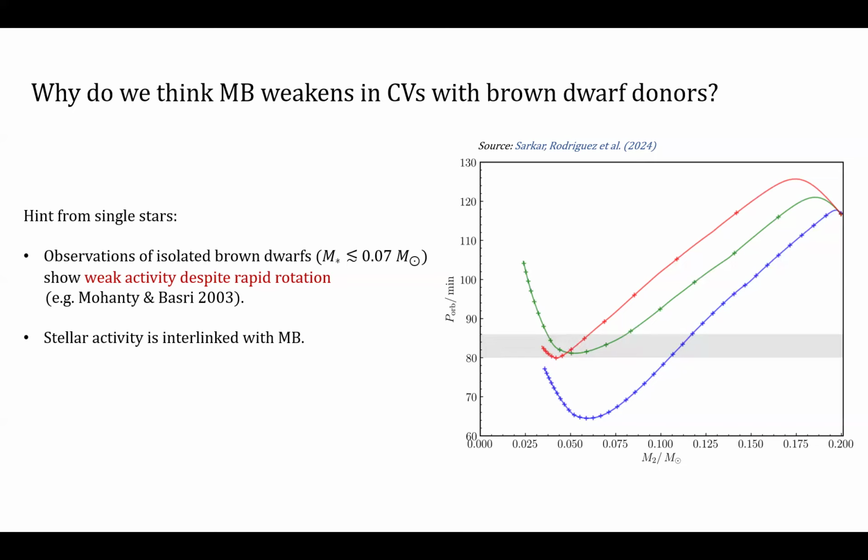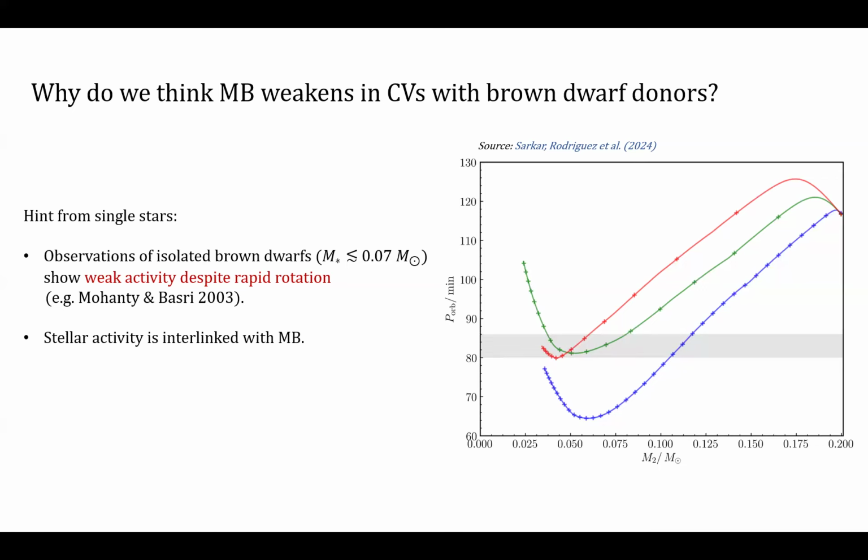What's the explanation for the 2 to 3 hour period gap in your knowledge? Okay, that's another question. So the period gap is at 0.25 to 0.3 solar masses, and more massive stars have a convective envelope and a radiative core, and lower mass stars are fully convective. So we say that there is a second dynamo that operates at the shear layer, which drives a very strong wind, and this disappears when the star crosses the partly convective to fully convective boundary.